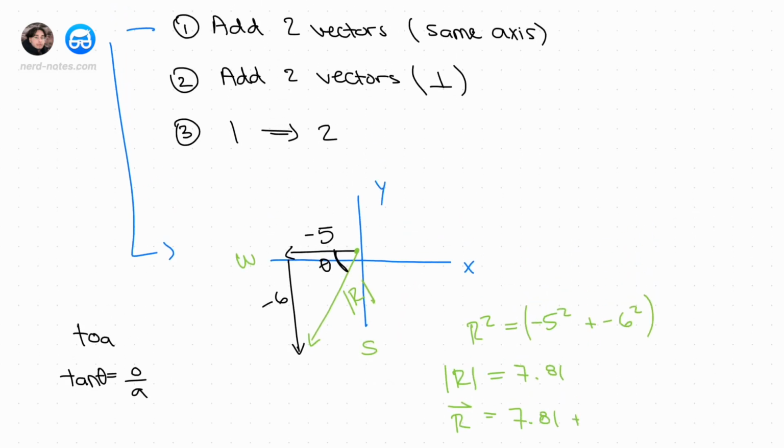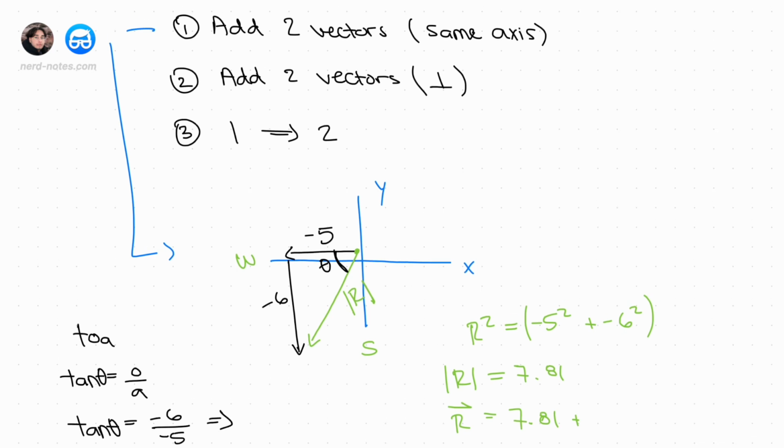Okay, so again, just filling it in, tan of theta is equal to the opposite side. In this case, the opposite side is -6, so I'm going to put -6. And the adjacent side, adjacent means next to, so the side that's next to the angle is -5. We can go ahead and simplify that and solve for theta.